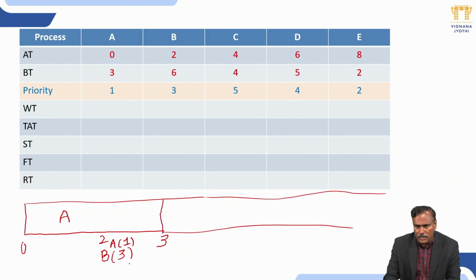Here what I have written is the priority of the job. Kindly make a note: in the previous Gantt charts, I have taken the service times of the processes, but here what I am writing is the precedence, rank or priority of each job.